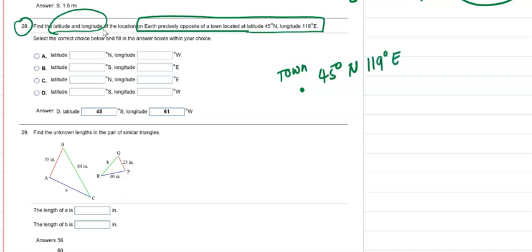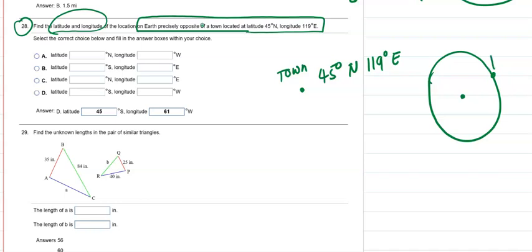You're looking for the location precisely opposite. Remember that precisely opposite means you think about going through the center of the earth, and the earth is round, right? So here's the town, and there is the center here.